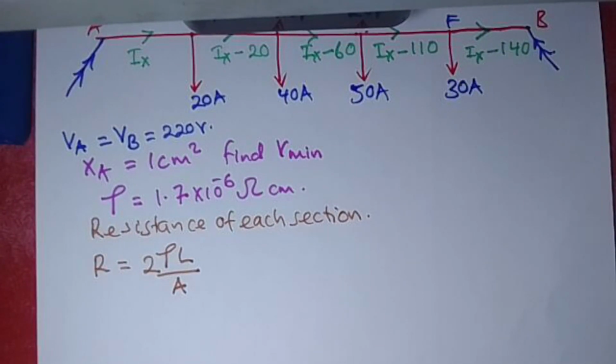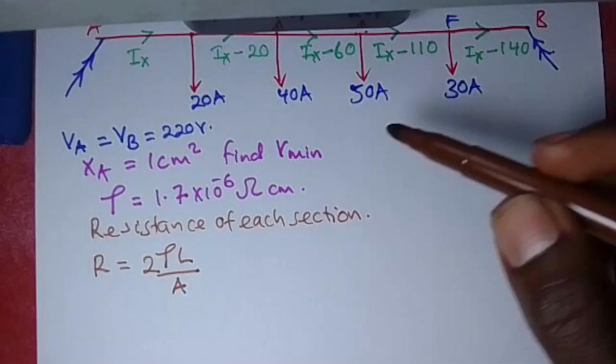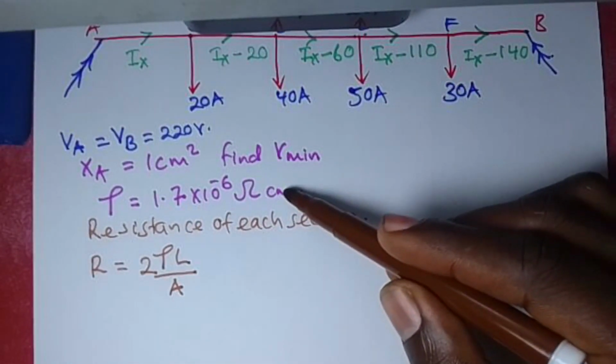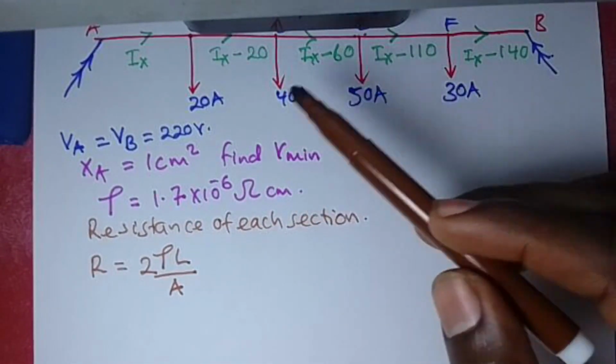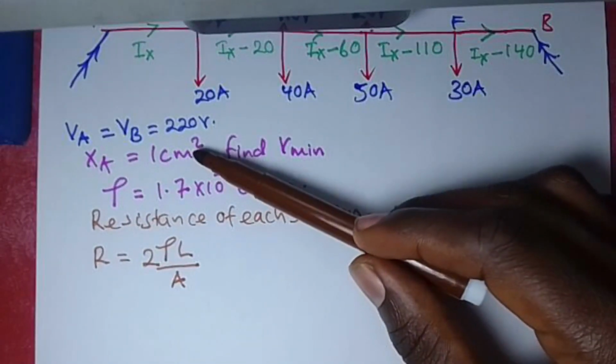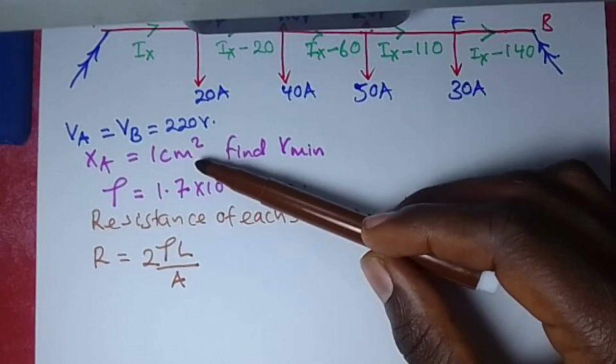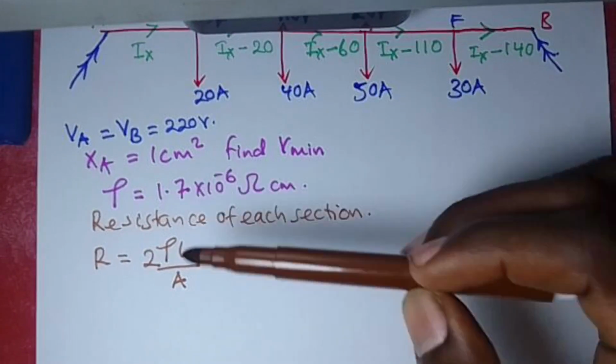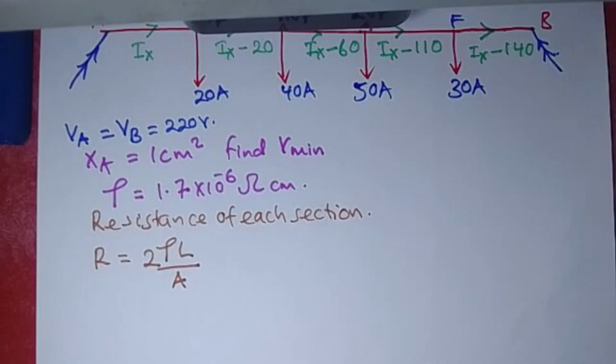Now let us get these values. This was given in ohm centimeters, this was given in square centimeters. We shall need to calculate these values in terms of meters so that we do not confuse ourselves.